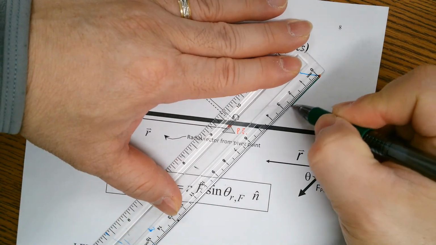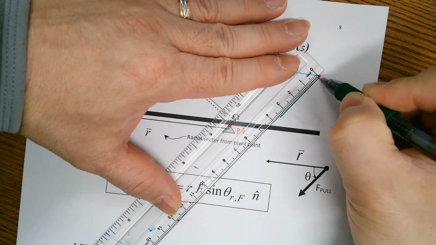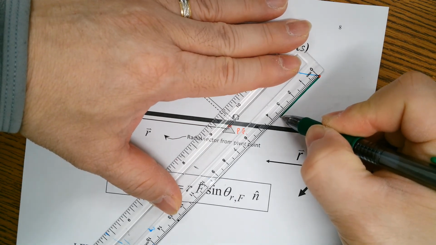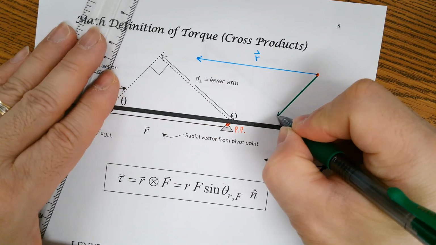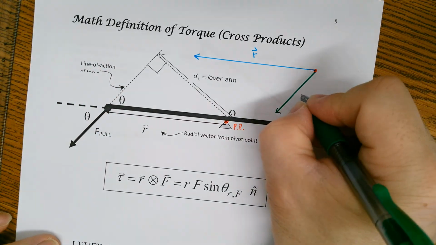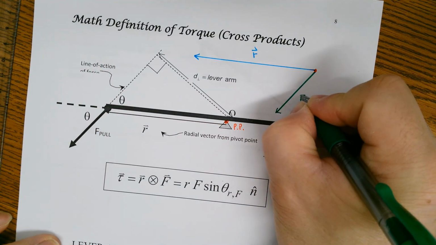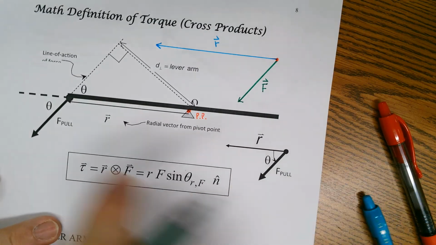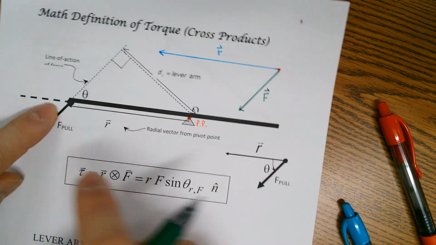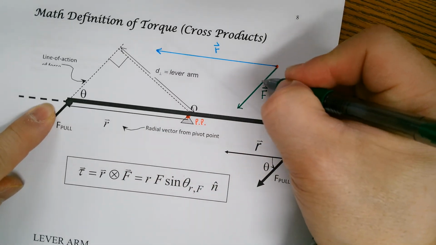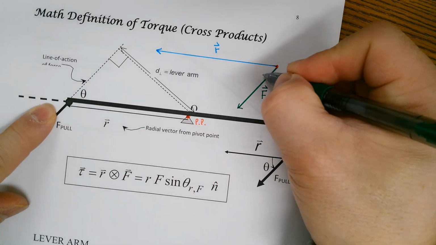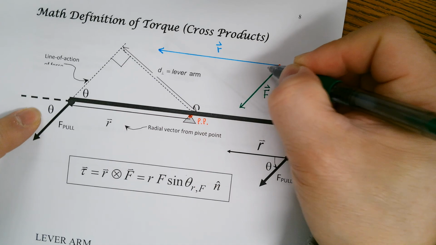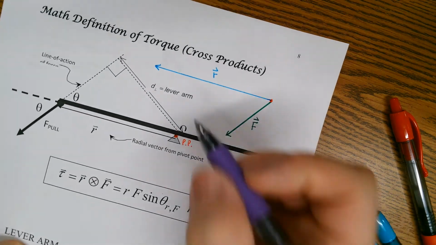Now you don't always have to draw this every time you do this, but I'm just going to show you visually what it looks like. So here's your force vector. This angle here represents this angle right here. Okay, this theta and this theta are the same thetas.